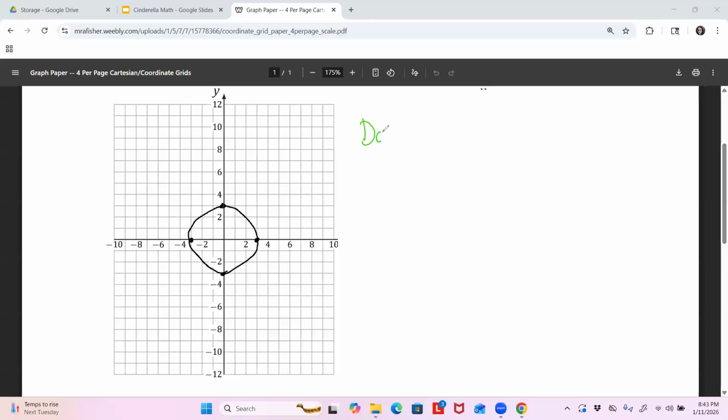Domain, left to right. So the farthest left this goes is -3. The farthest right it goes is 3. And you would do hard brackets there because it did touch. There's no open dots. Or -3, 3, X sandwich, and you would include equal because again it did touch. There's no open circles.